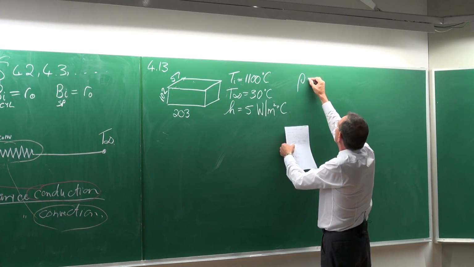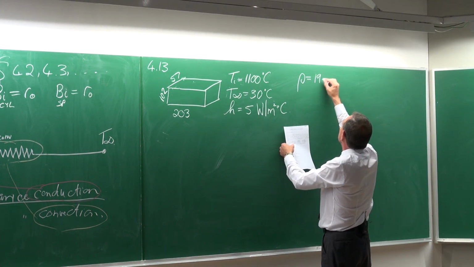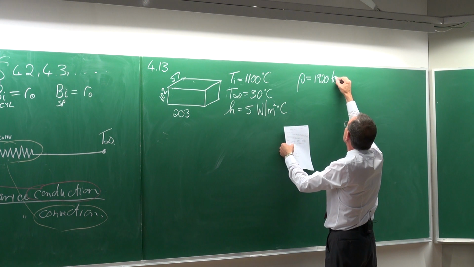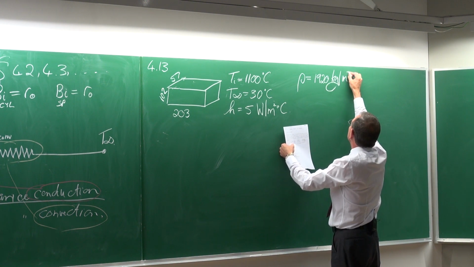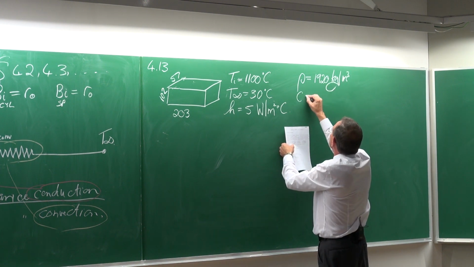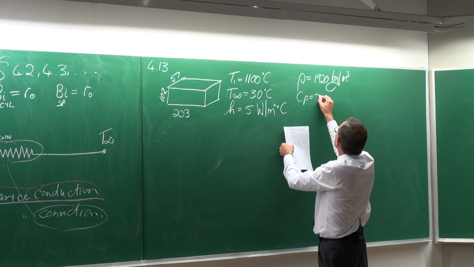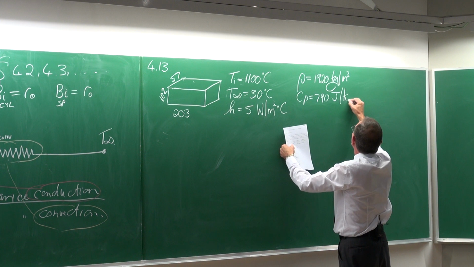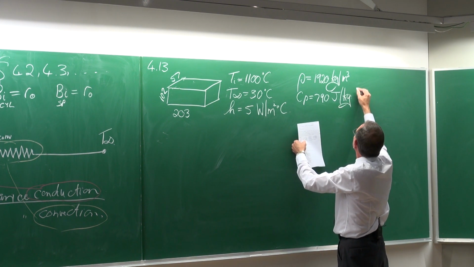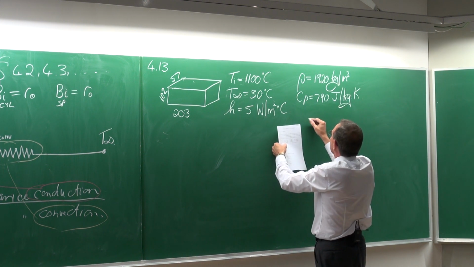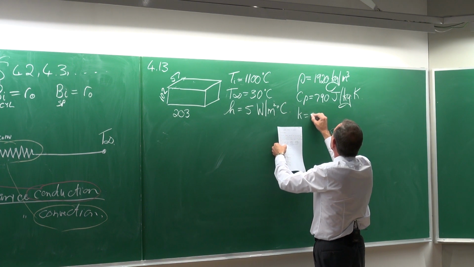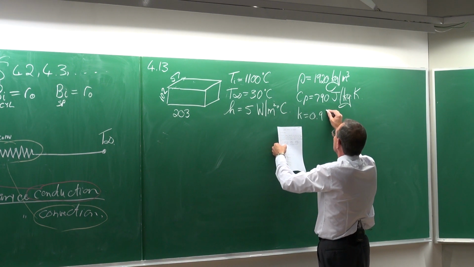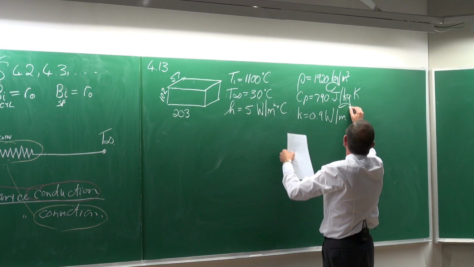The density of this brick is equal to 1,920 kilograms per cubic meter. The Cp value is equal to 790 joules per kilogram Kelvin, and the thermal conductivity is 0.9 watts per meter Kelvin.